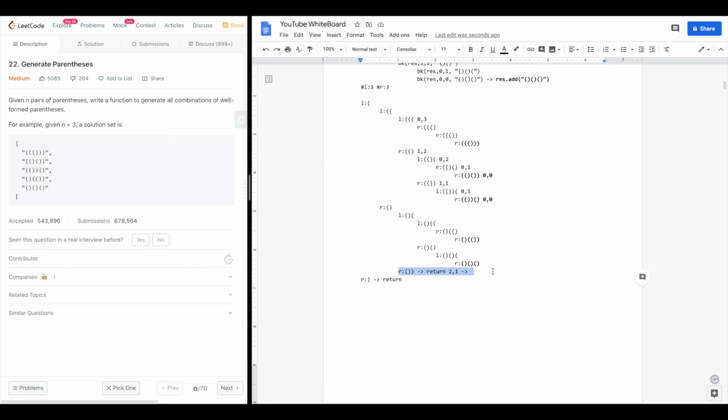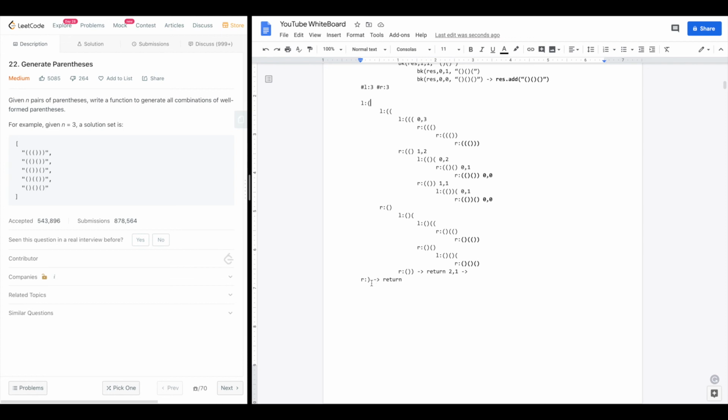And if this one is not so easy to understand, we do the first call over here. We know for the first step, we can always choose left or right, right?